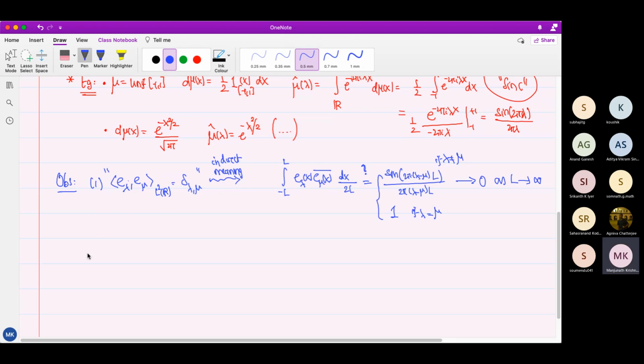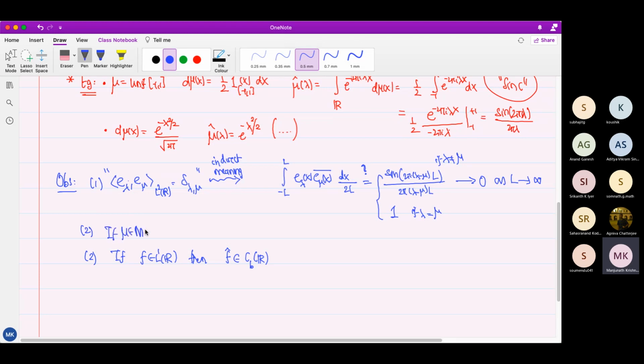Okay. So if f is in L1 of R, then f hat is a continuous function, a bounded continuous function of R. Okay, so in fact, maybe it is easier to do simpler.